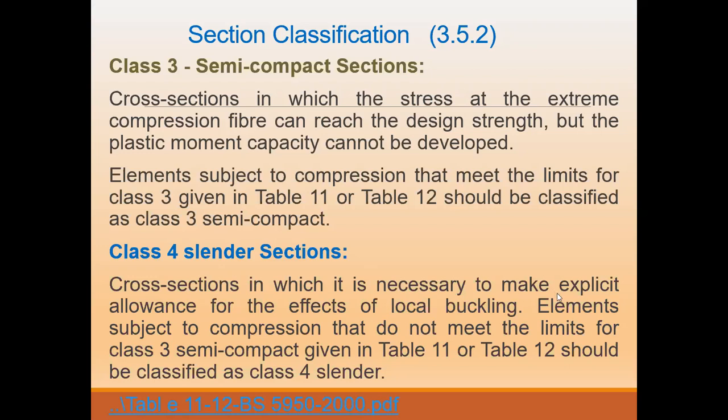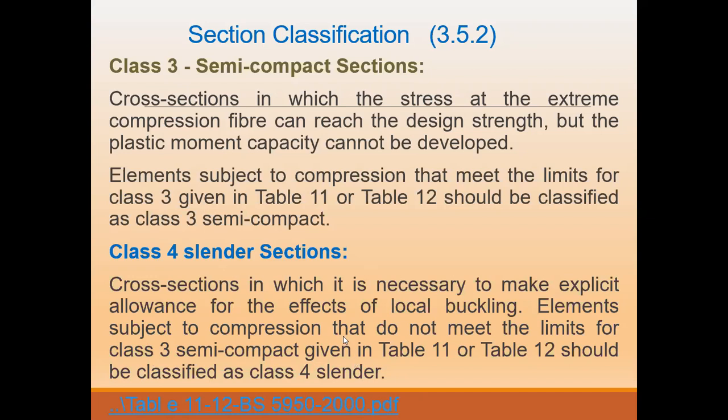Again, the elements that are subjected to compression do not meet the limits for the other classifications. They are beyond classes 1, 2, and 3, but they are defined as slender sections.